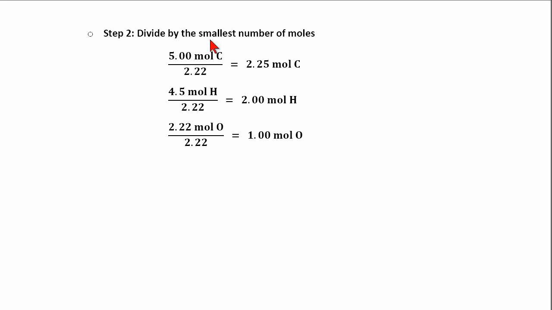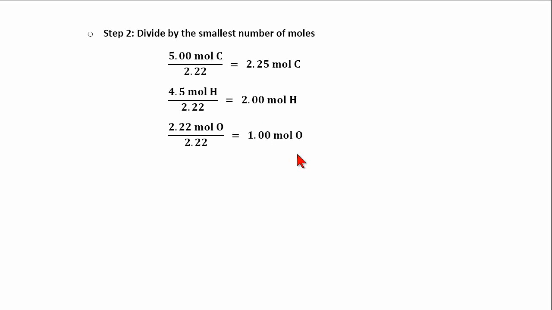Now let's divide by the smallest number of moles, which was the 2.2, and I start getting my ratio of atoms for the simplest formula. And they're not whole numbers, so I know that I'm going to have to somehow convert them to whole numbers. Just by inspection, I know if I multiply these numbers by 4, I'll get 9, 8, and another 4.